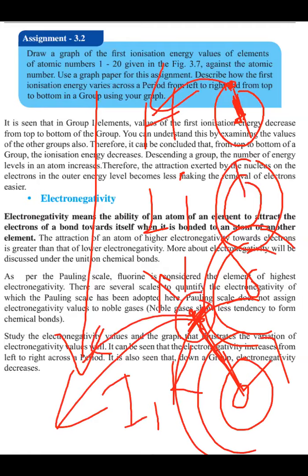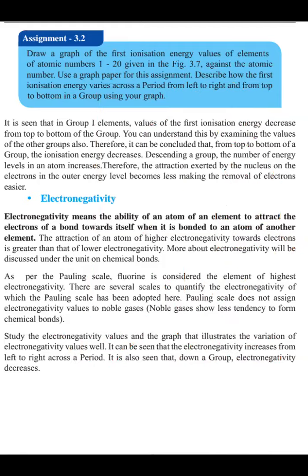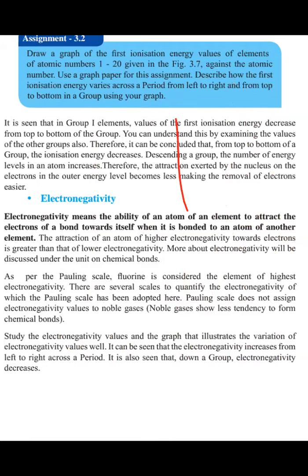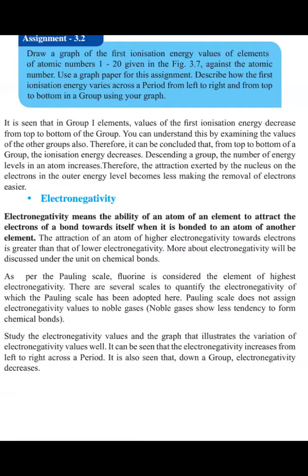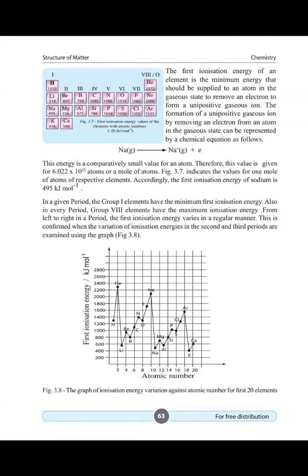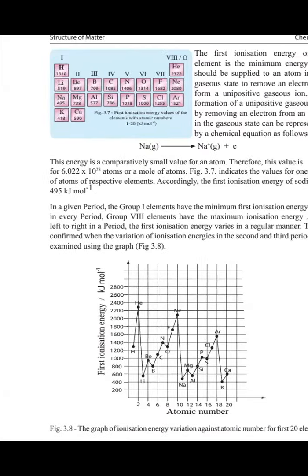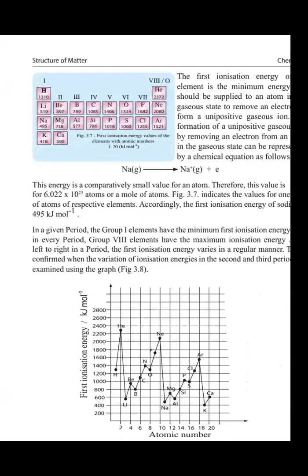So this attraction is less, therefore this is easily removed. Therefore ionization energy is lower. That is why the ionization energy decreases down the group.